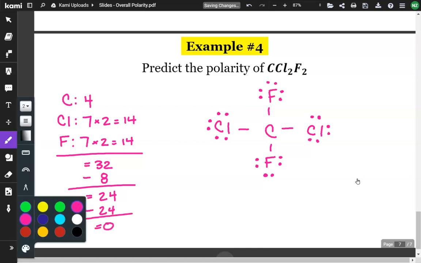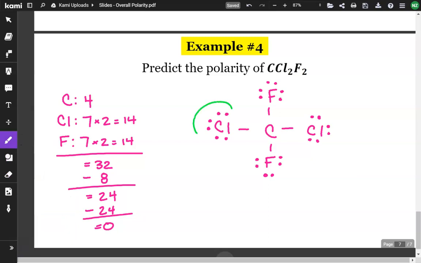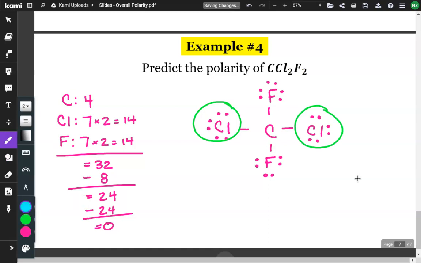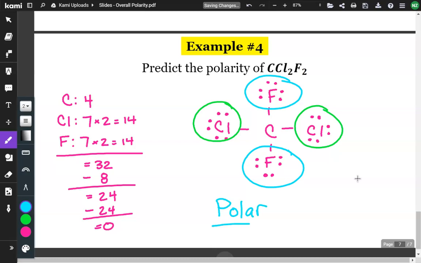Now this one looks symmetrical, but we have chlorine, and then we have fluorine. So not everything attached to the central atom is the same. It looks symmetrical, but in order for it to pass that symmetry test, everything has to be the same. So this would be a polar molecule.